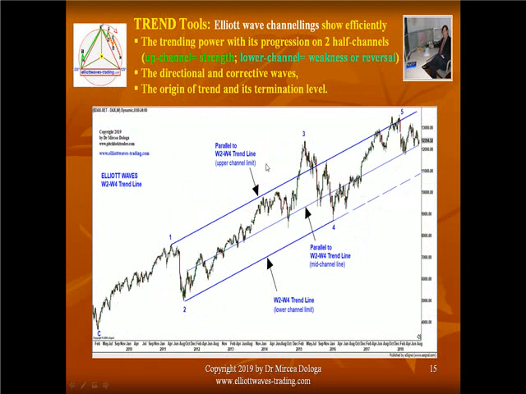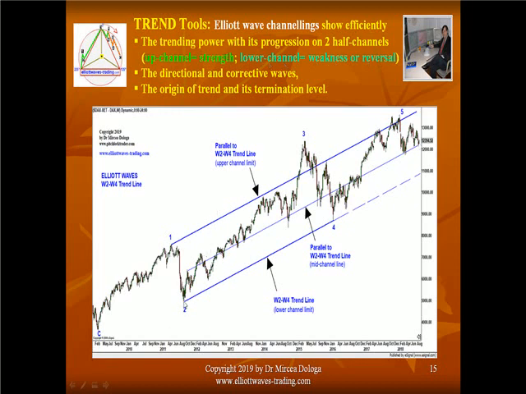Now, what we are really fond of concerning the trending tools is the Elliott wave channeling. It shows the strength if the market is cruising above the up channel, or the weakness of the reversal if the market cruises in the low channel. Right here we see this channeling.